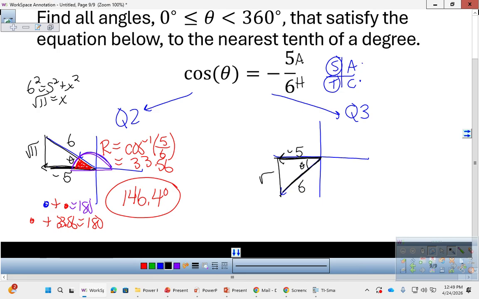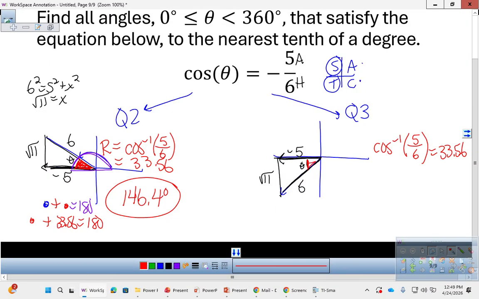You don't really need this side, but you can find it. I'm going to find my reference angle by doing the inverse. Anytime I'm solving for an angle, I do the inverse, so the inverse cosine is going to give me that theta. So I'm going to do the inverse of 5/6, and again, I'm not including the negative because we're talking side lengths. I got 33.56 again.